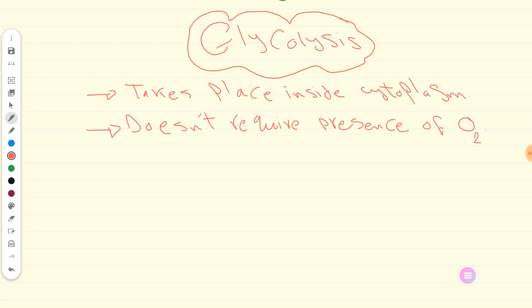So it takes place inside the cytoplasm. What are the steps of glycolysis?